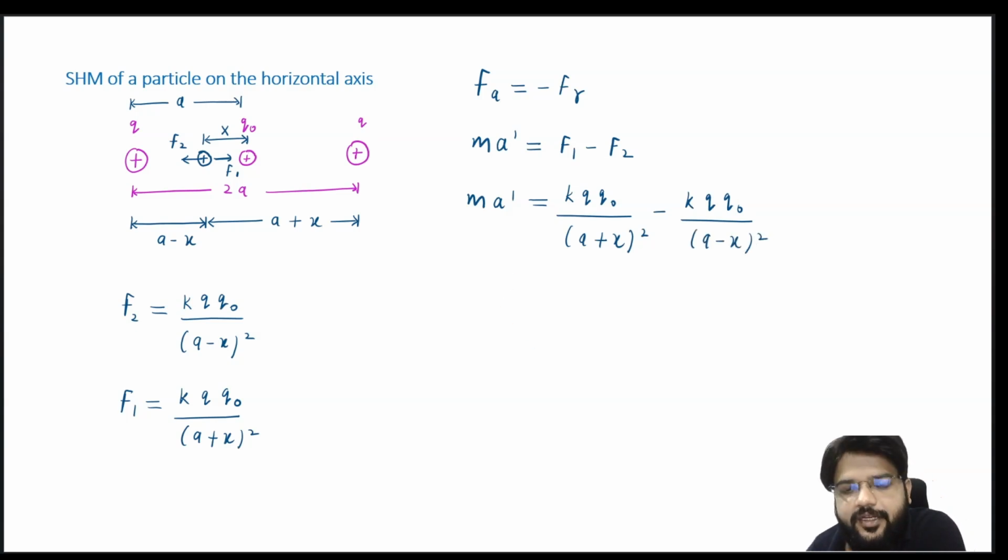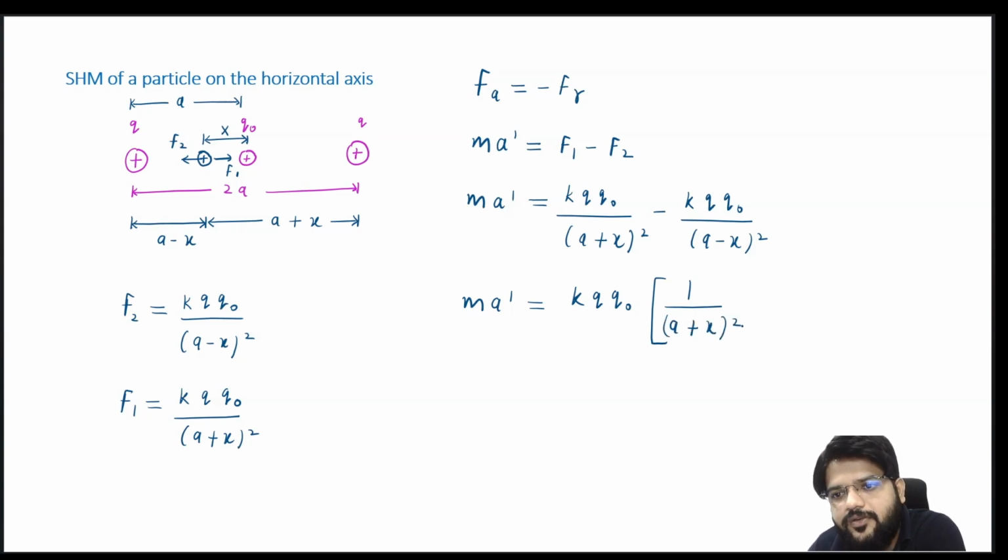Correct. This thing we will get. Now the next thing is what here? m a dash equals K Q Q naught times 1 by a plus x whole square minus 1 by a minus x whole square.